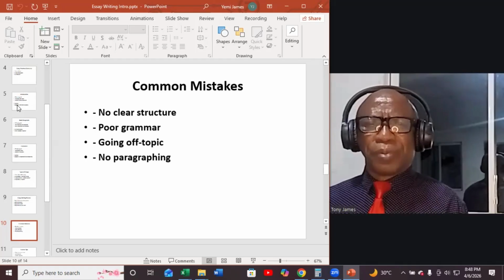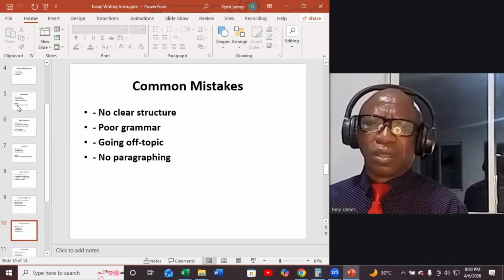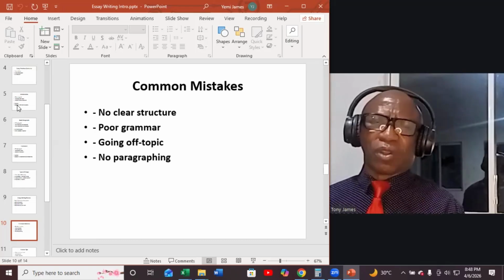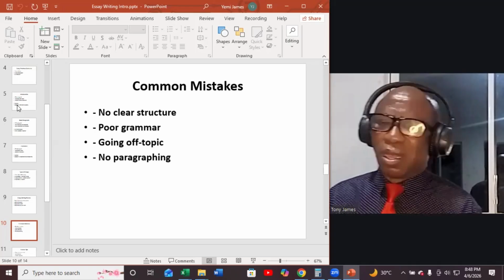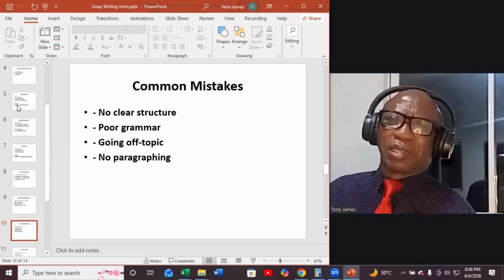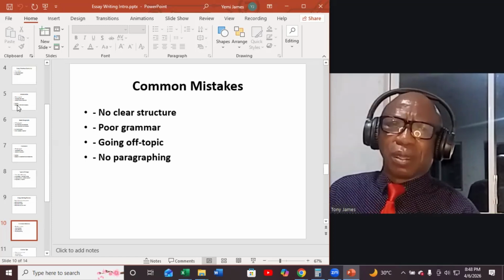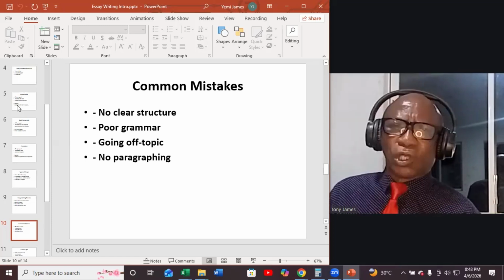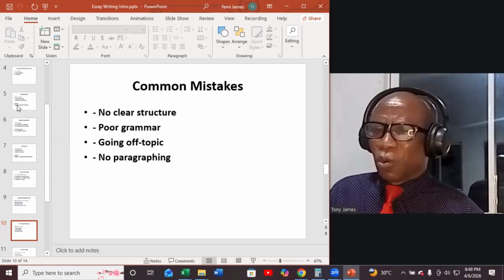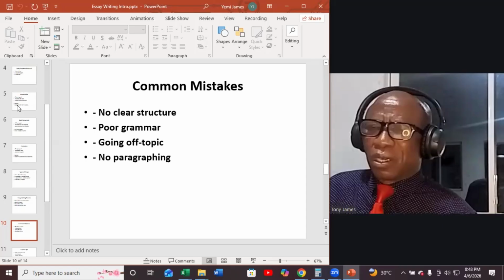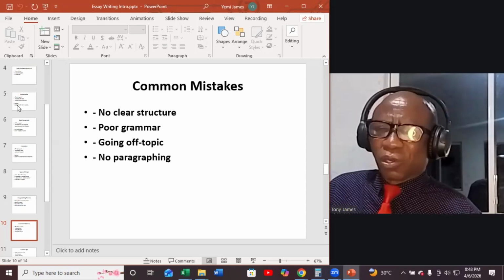You will be repeating, you will be contradicting the points you have made before, if you don't have a structure to follow. Especially the first paragraph. The examiner will look at it and want to see your statement. He will look at the body of the essay to be sure that you know what you are doing. So the student will be making a great mistake when they write without a clear structure.